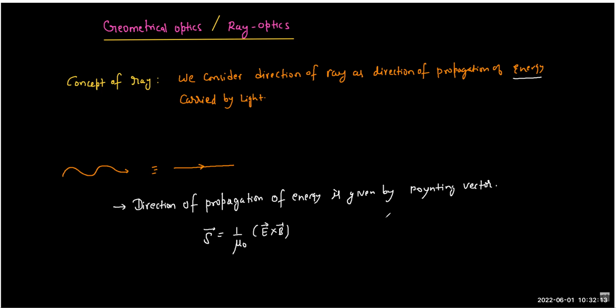And why is this formula important for you? Let's say we have an electromagnetic wave in which the direction of oscillation of the electric field is along the y-axis, and the direction of oscillation of B is along the z-axis. Then in which direction will the energy propagate? X-axis. Very well.